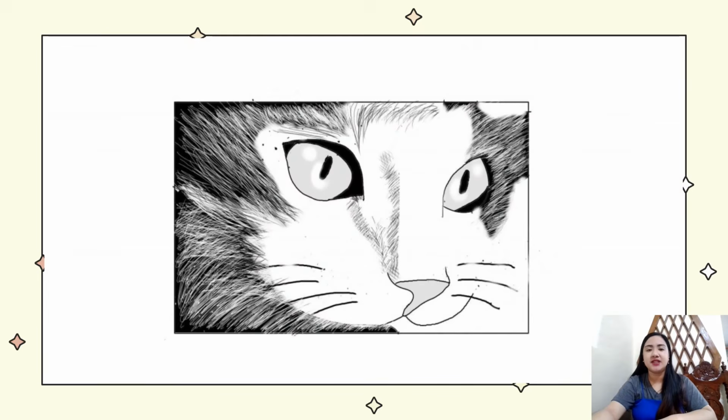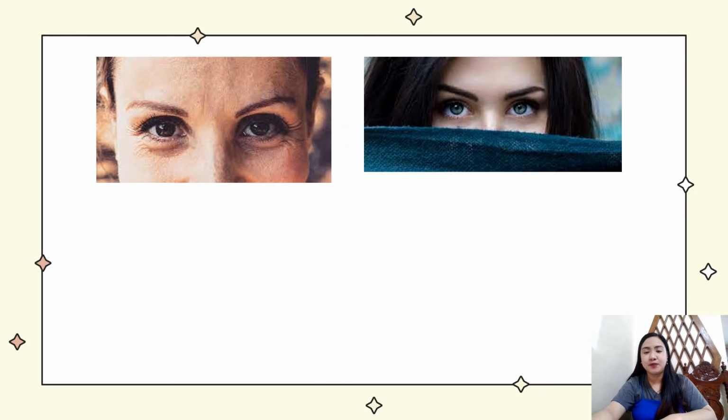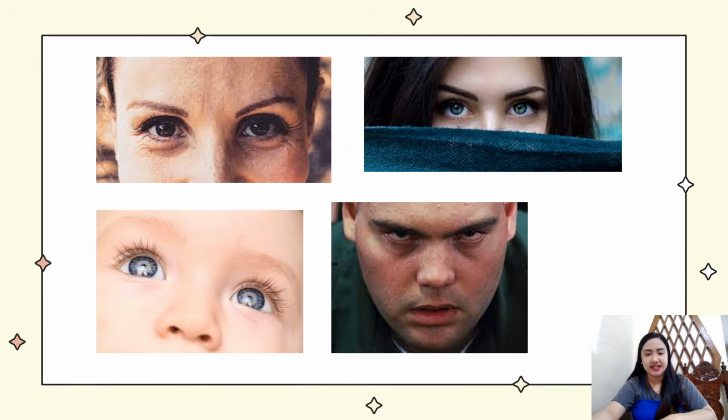So here is the picture. What can you say about it? The cat is staring at something, maybe a rat that he wants to catch. This picture is an example of gaze. So I have here other examples of gaze.